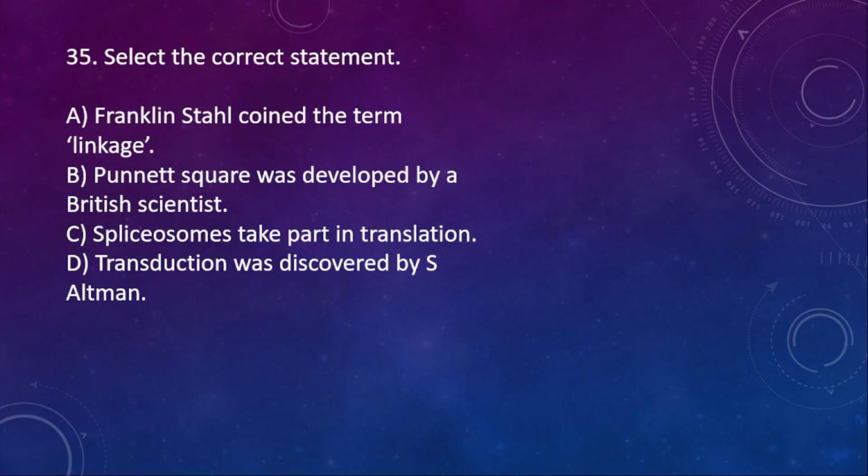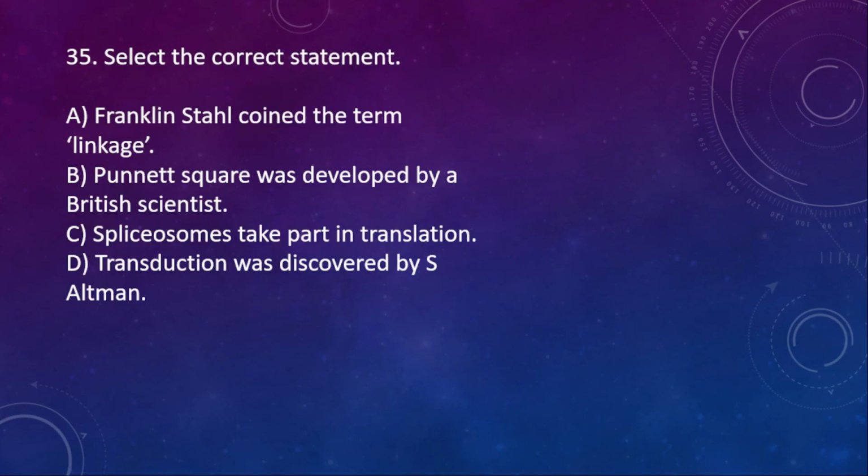35. Select the correct statement. Option A. Franklin Stahl coined the term linkage. Punnett square was developed by the British scientist, and spliceosome takes part in translation, and then transduction was discovered by Altman.